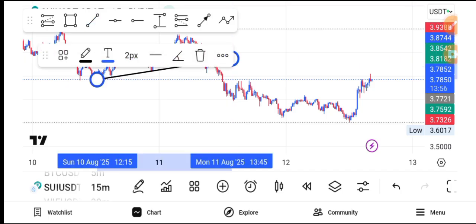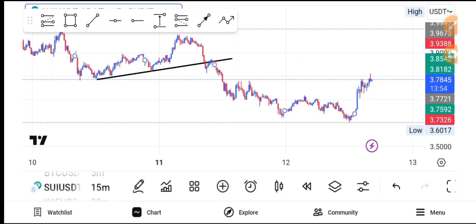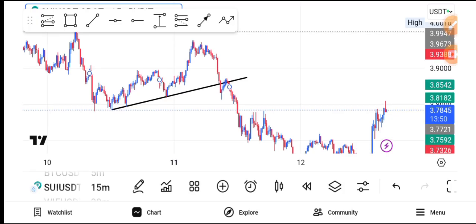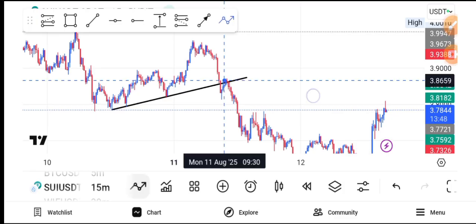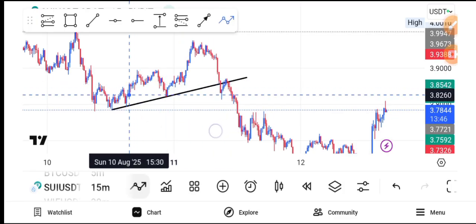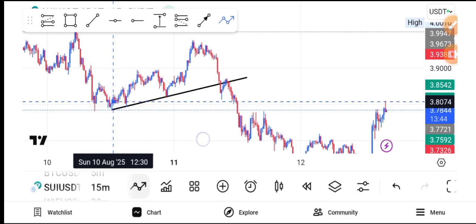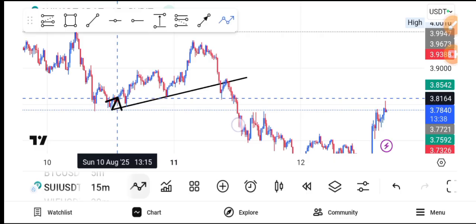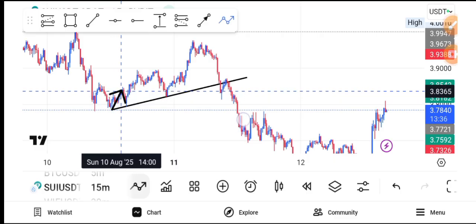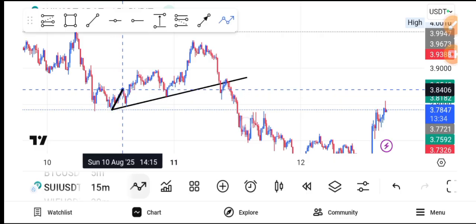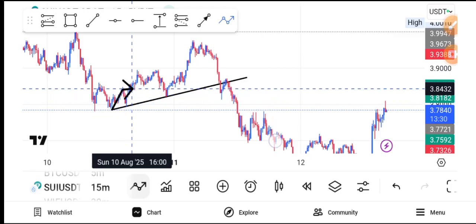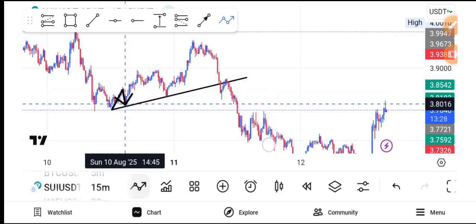Look at what exactly happened here. At this point the market was in an uptrend. This is where it peaked. It started going up. It moved from here to this point, right? It dropped, it rejected, it came down to this point, or the trend line.